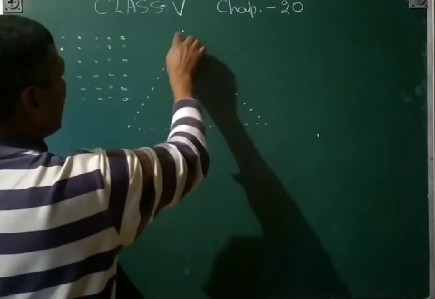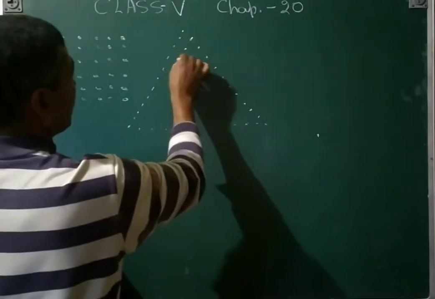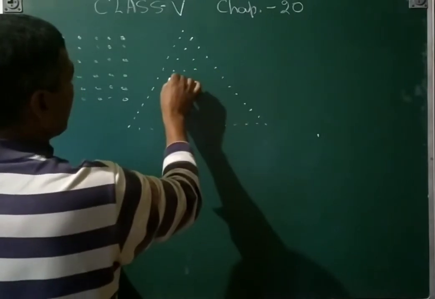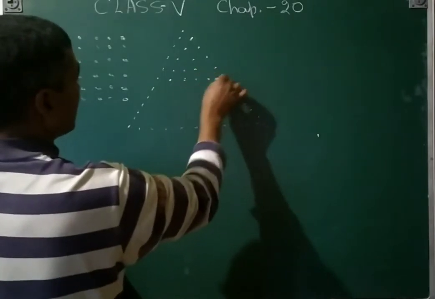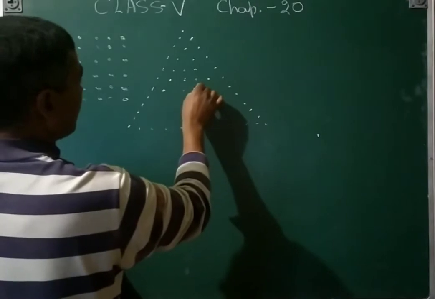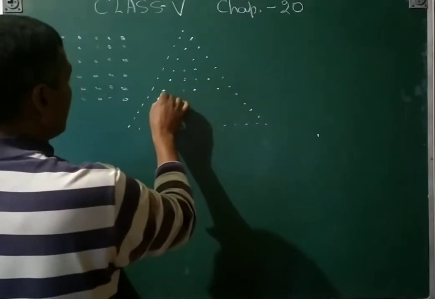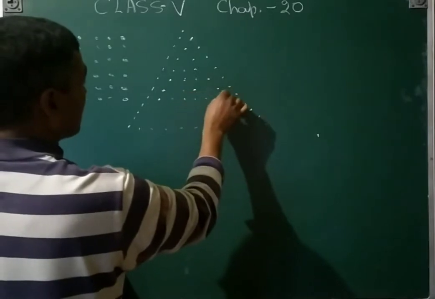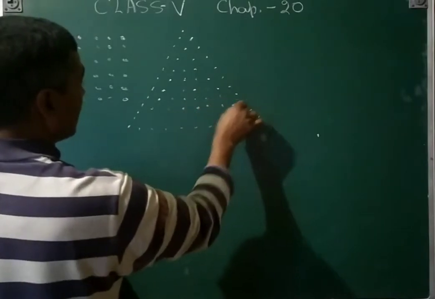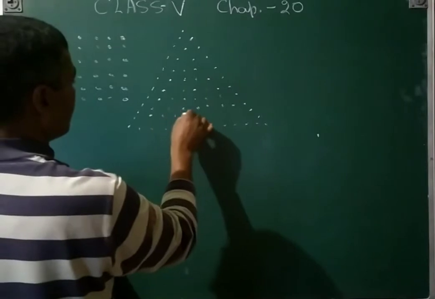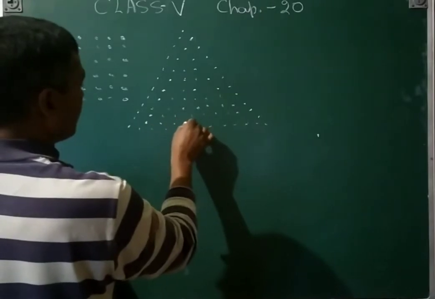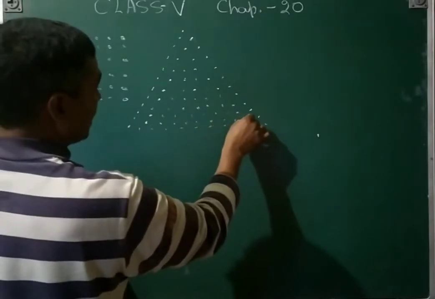So that will be 1, then 1, 2, 3, then 1, 2, 3, 4, and so on, up to 1, 2, 3, 4, 5, 6, 7, 8, 9, 10, 11.